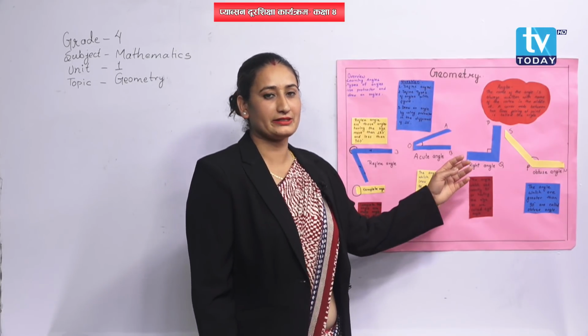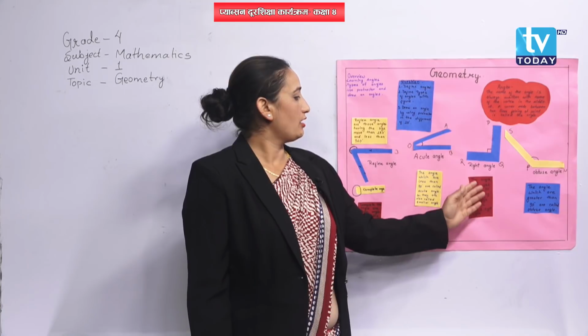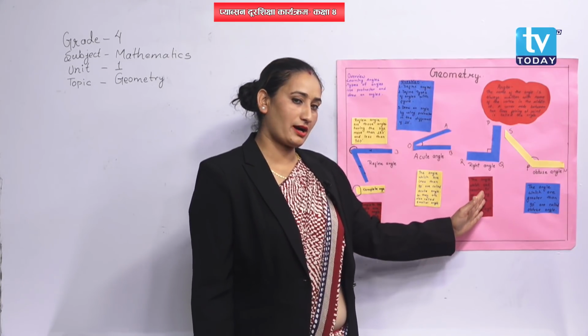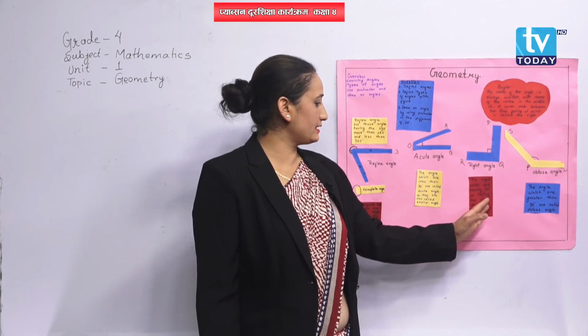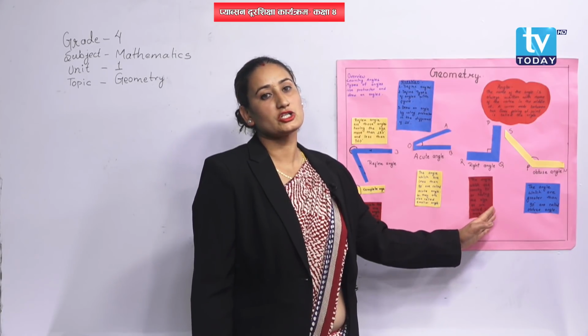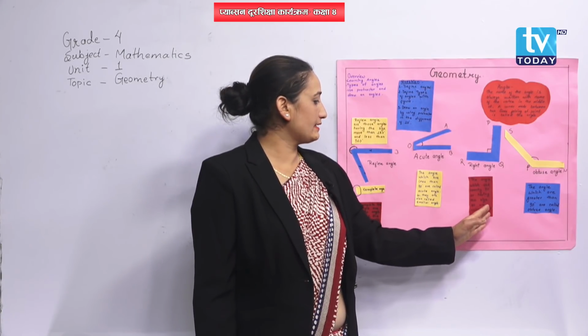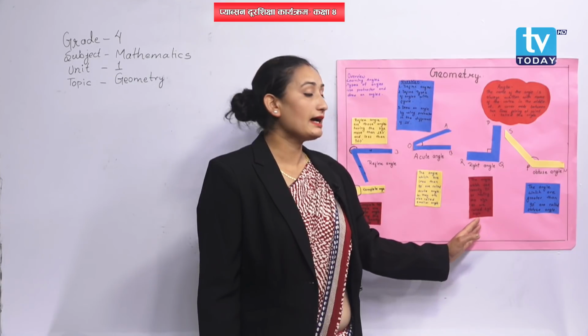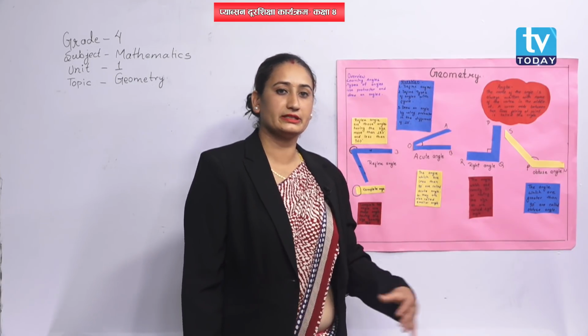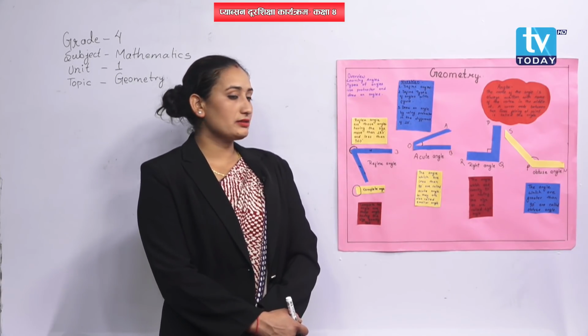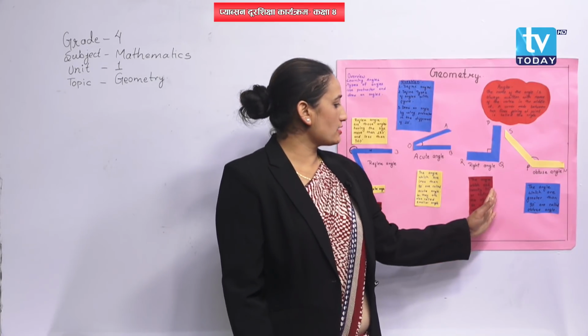Once again, I will repeat this one. The angles which are exactly 90 degrees or having the size 90 degrees are called right angles. Have you written? Okay.